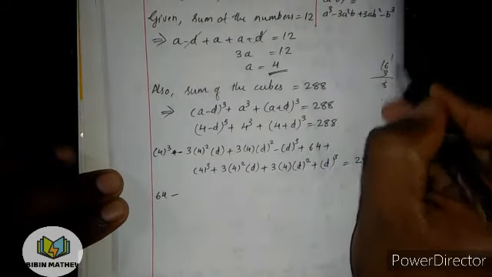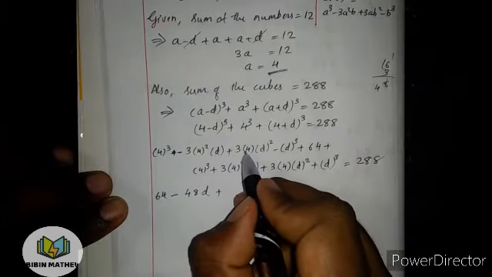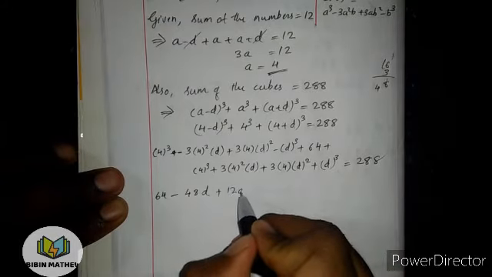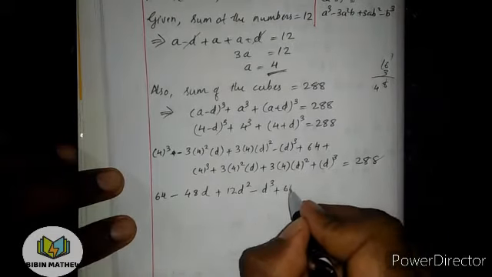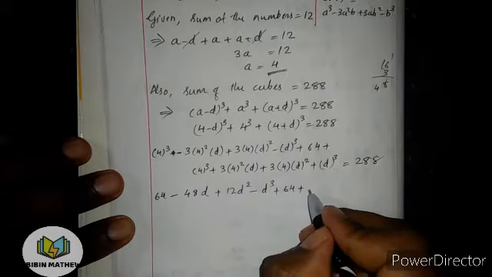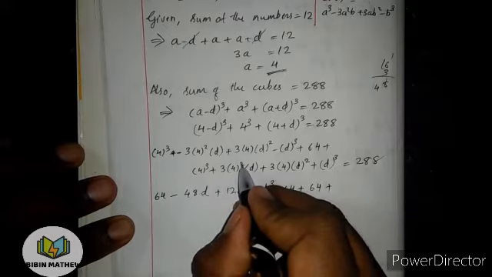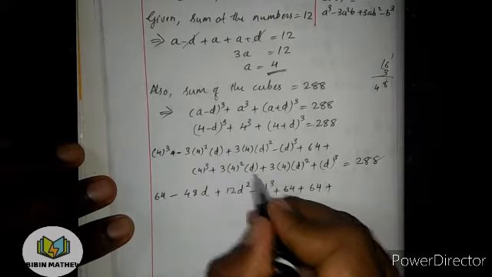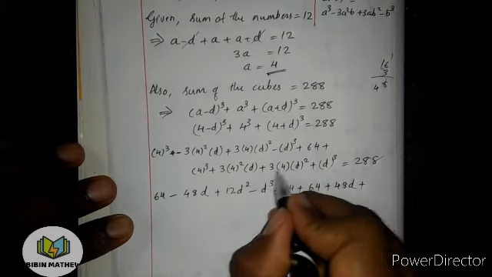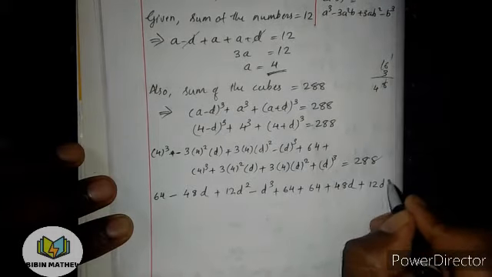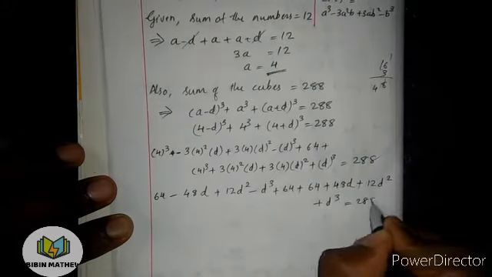So 48d plus here 4 3 is 12, 12d square minus d cube again plus 64 plus here 4 का cube again 64 plus इधर 4 का square, 4 4 is 16, 16 3 is 48 into d, again 48d, then plus here 4 3 is 12, d square plus d cube is equal to 288.